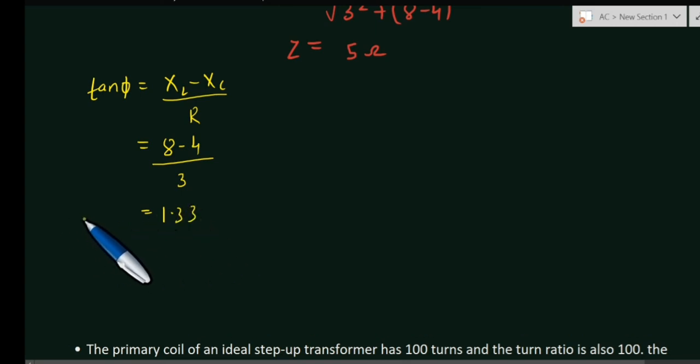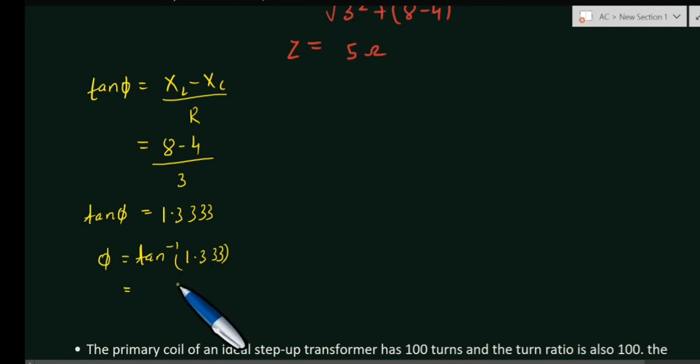So this is the value of tan phi. Then phi is equal to tan inverse of 1.333. If you find this value from the Clark's table, it comes out to be 53 degrees 6 minutes.